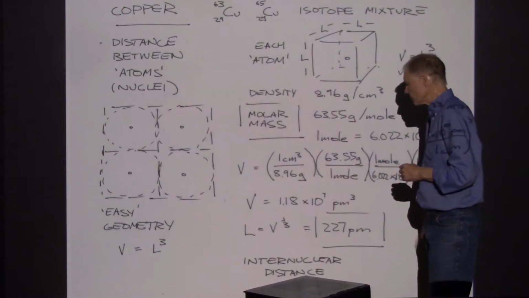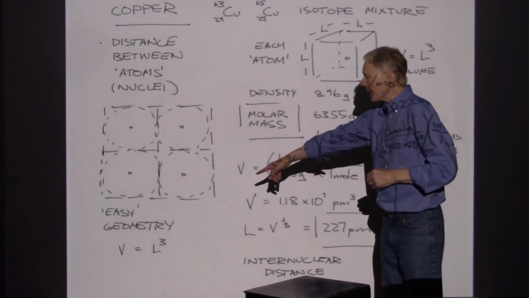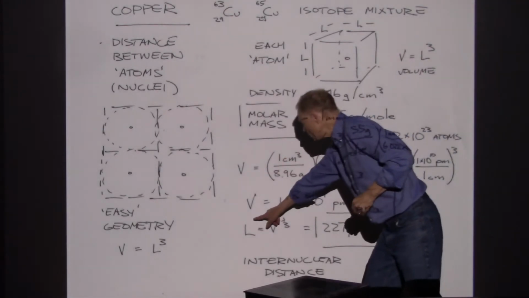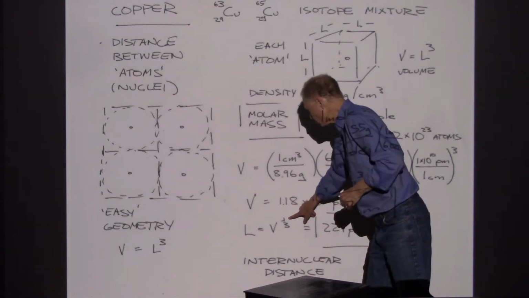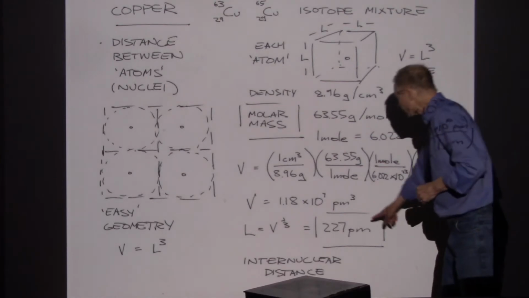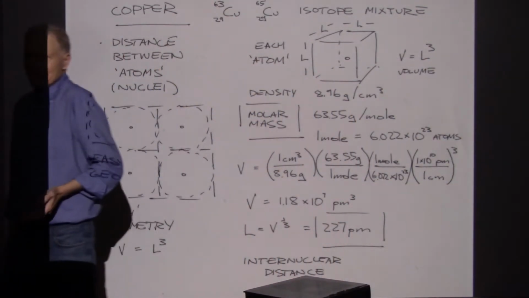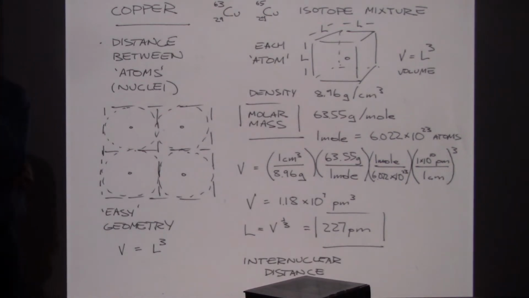Now that's a lot of cubic picometers, but remember, we're going after L. So L will be the cube root of V, and that worked out to be 227 picometers. And that's a sensible number. That's how big atoms are.